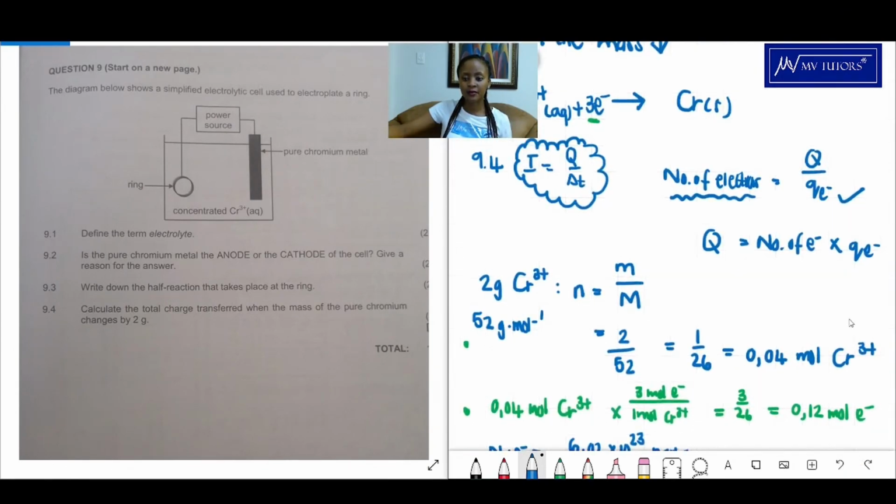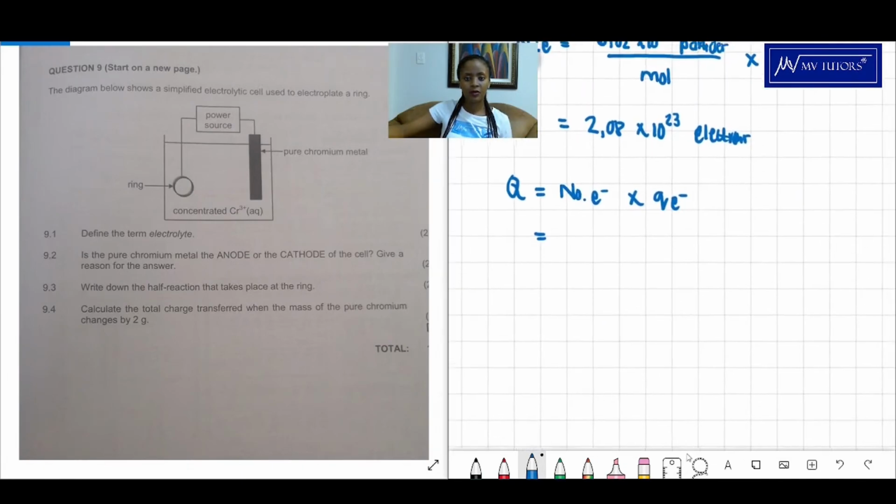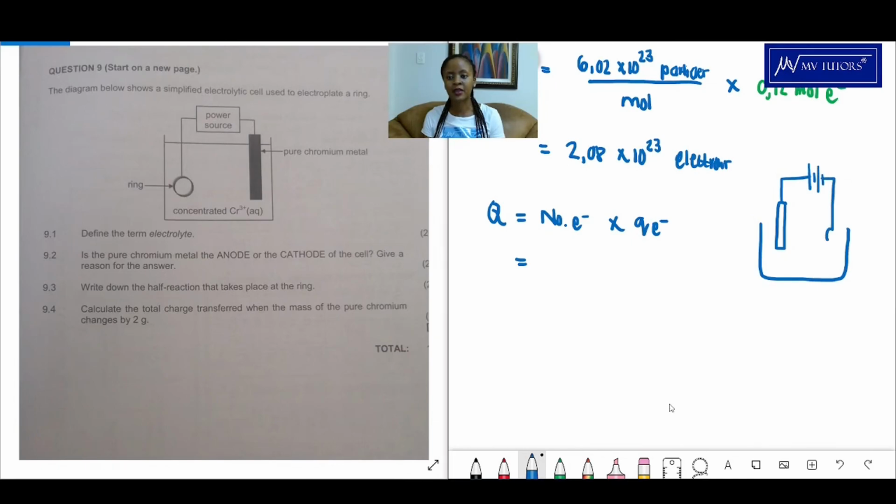If you look at your electrochemical cell, at the anode, that is where oxidation occurs. You have your battery source, power source, and there you have your ring. Then you have your electrolyte there. Here, that is your anode and that is your cathode, this side.